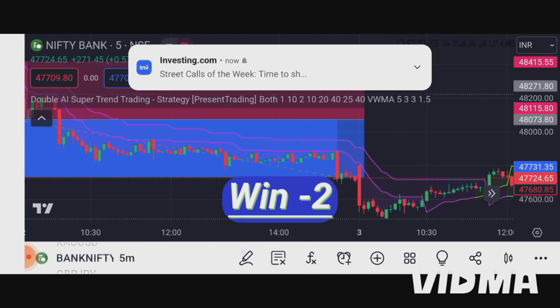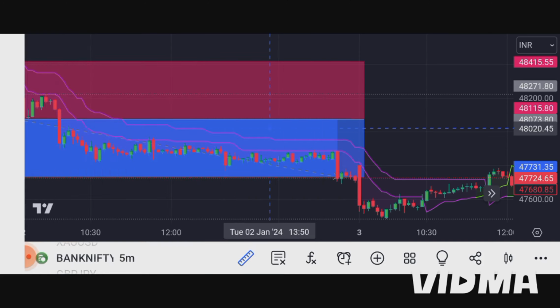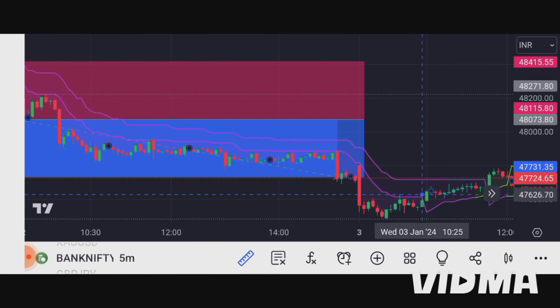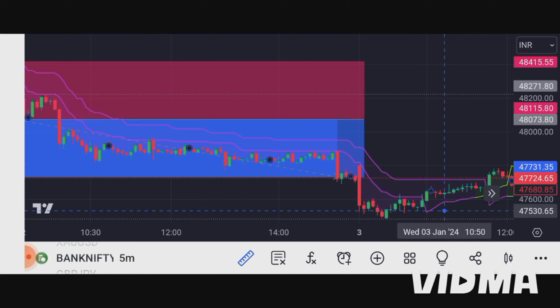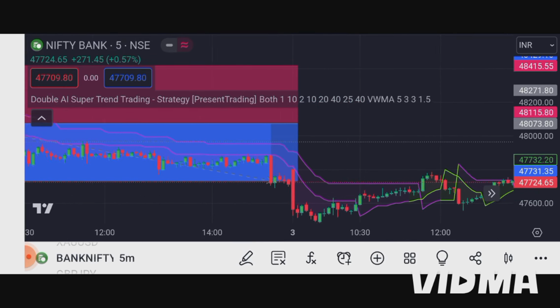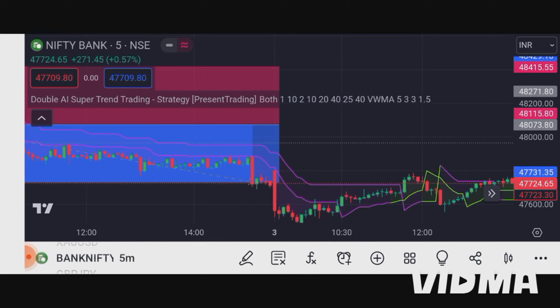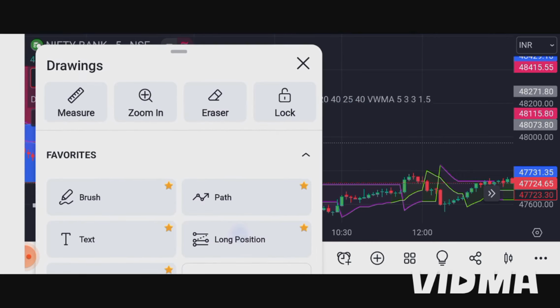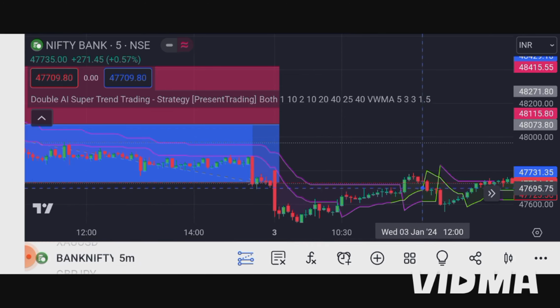If the market goes in this range between both purple Super Trend lines, we wait to see whether it goes to the upside or downside of the Super Trend. In this case it goes upside, so we wait for both colors to change to green. Now the color has changed to green, so we go for a buy in this candle. But the price has not broken the high of this candle, so we do not go for a buy.